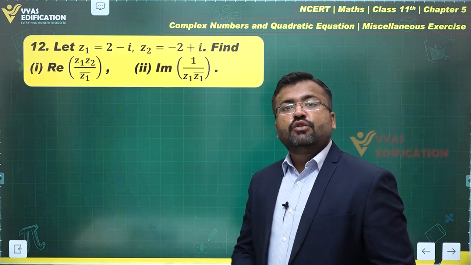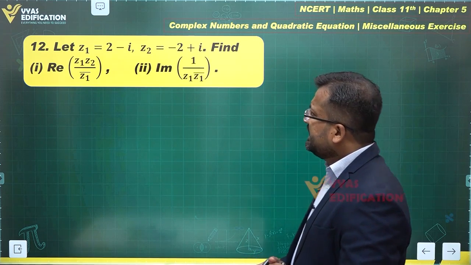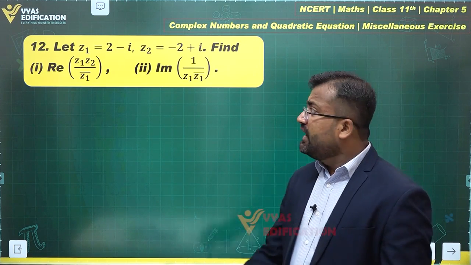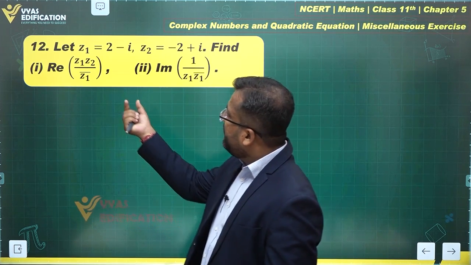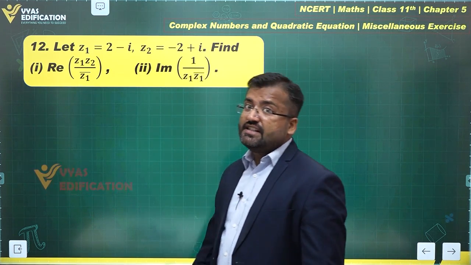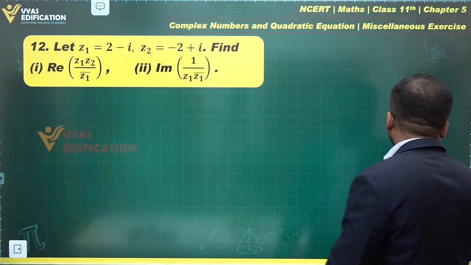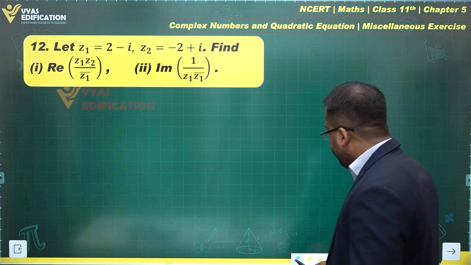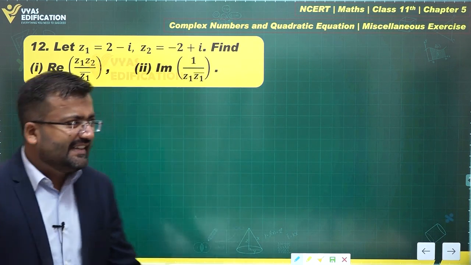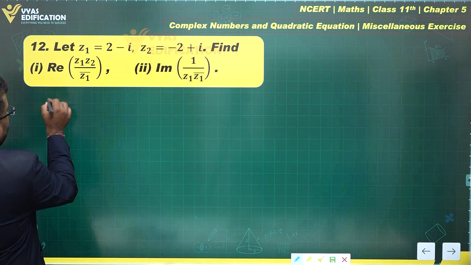How to go about attempting this question? It is pretty simple. First of all, instead of finding the real part directly, we'll first simplify this expression over here. Let's take a look at this expression and try to solve the first part. So the first thing that we are supposed to do is simplify this expression. What do we have in the first part?